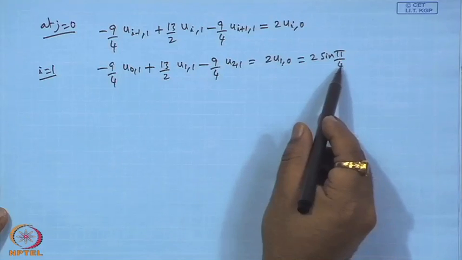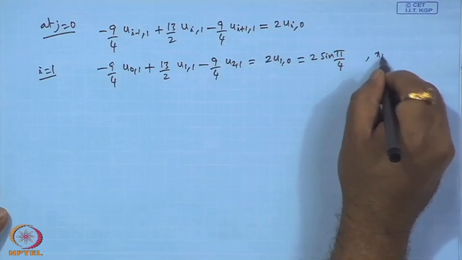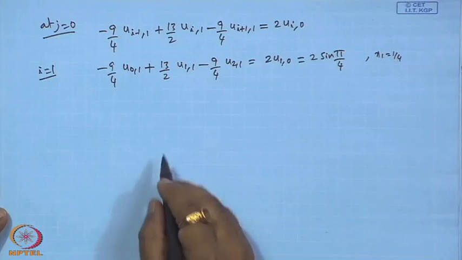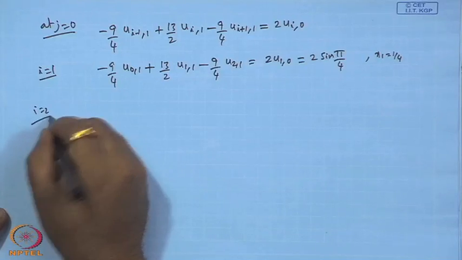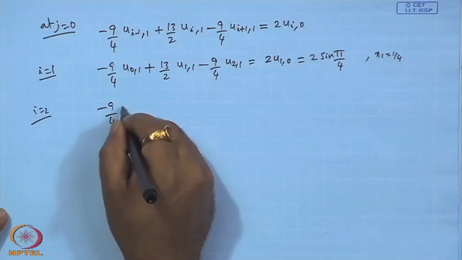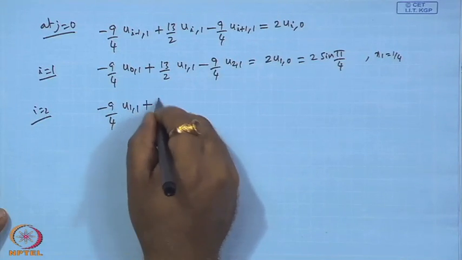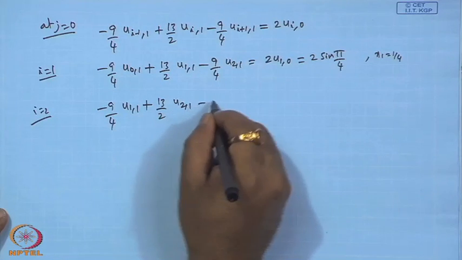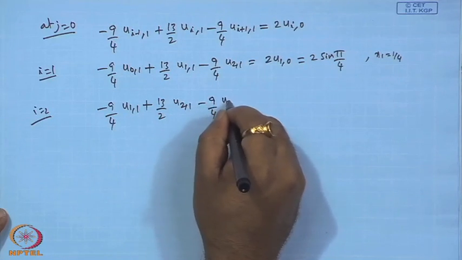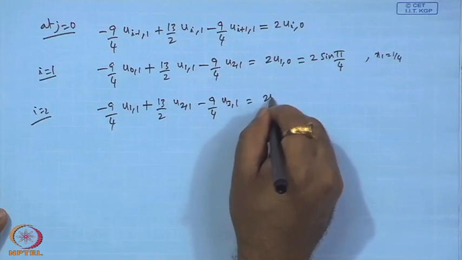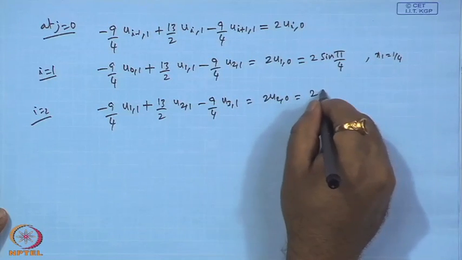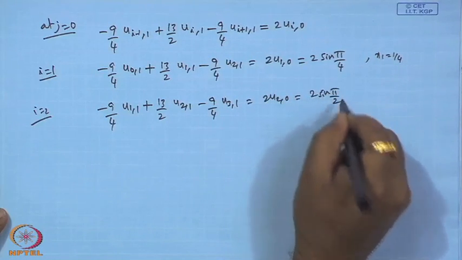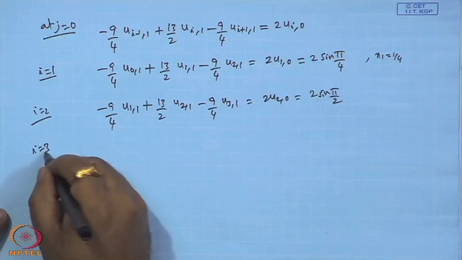So, x 1 is 1 by 4. Okay. So, then I is 2, then I is 3.